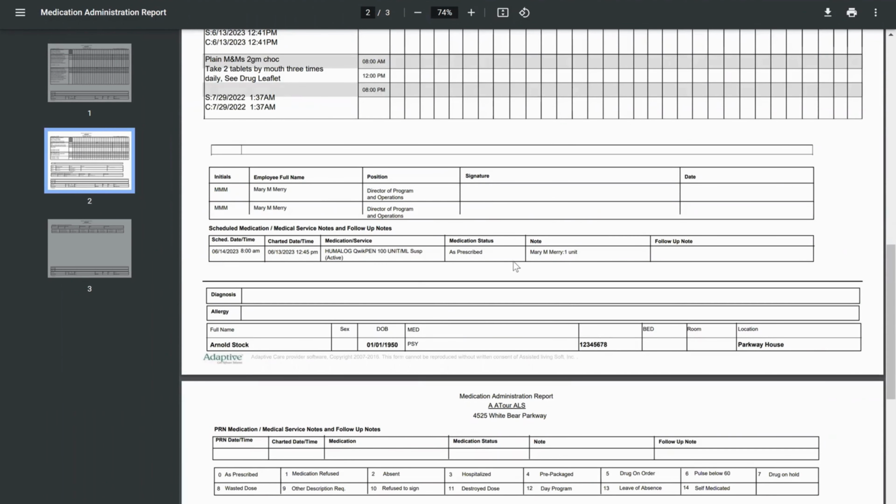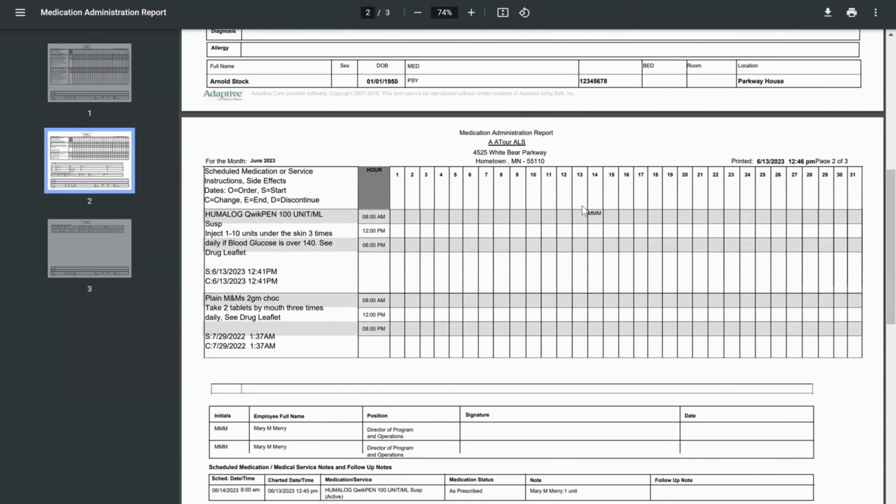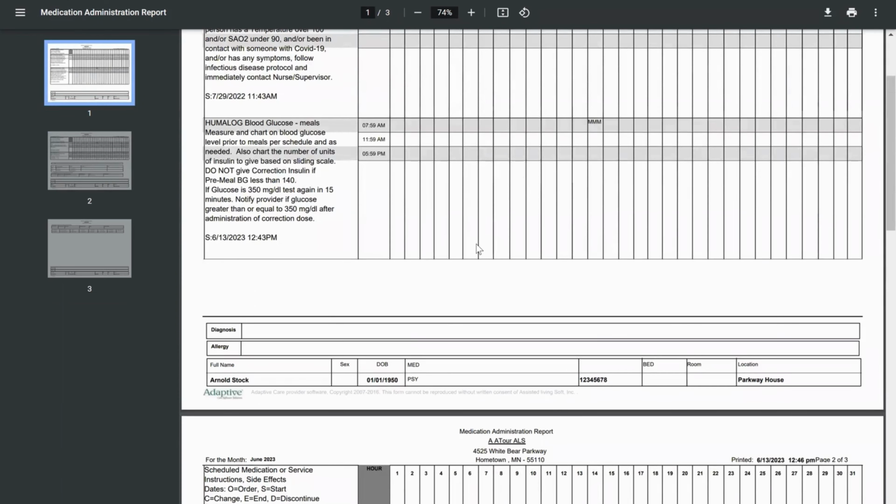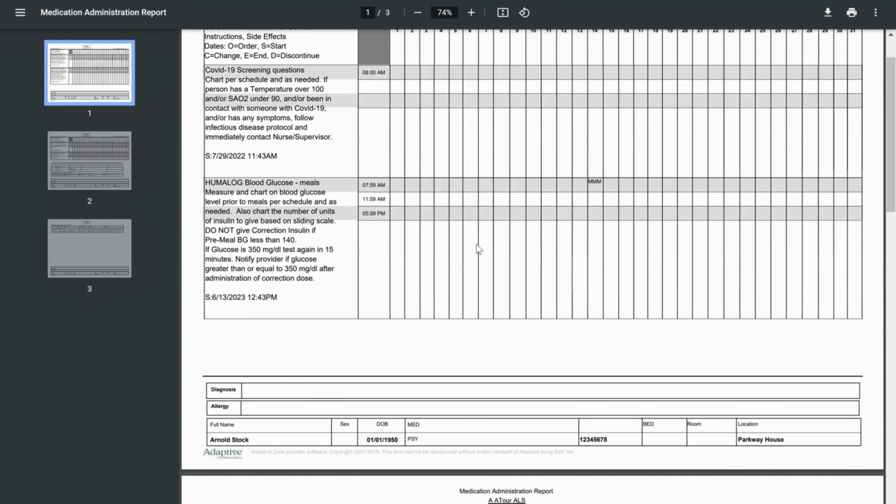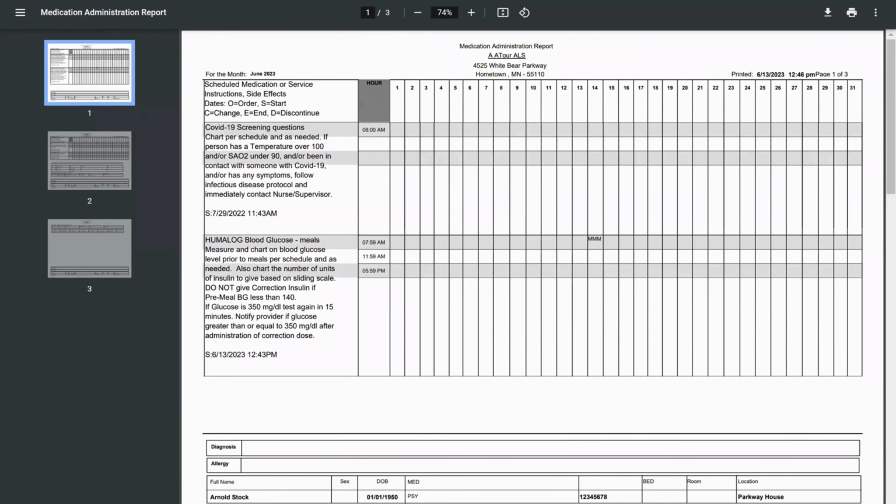Here was the 1 unit. That's what I charted, 1 unit, and I can see that it was charted for the 14th. Okay, not the best example, but I think you understand how it works. And the check was done by MM at 7:59 AM too. So that's how it's done. And there's a lot of variations to that, but I hope this helps you do your own.